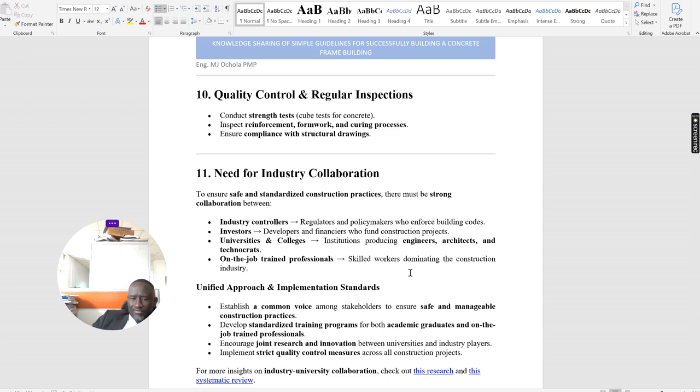We have to collaborate, we have to have some MOUs, we have to have one voice, one common player in the industry to coordinate, to make sure things work out in a manner that everyone appreciates and with a common goal of avoiding fatalities on site.